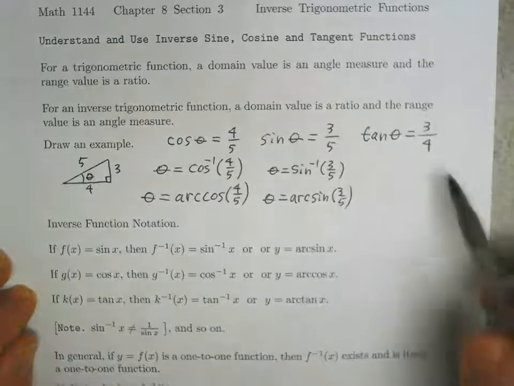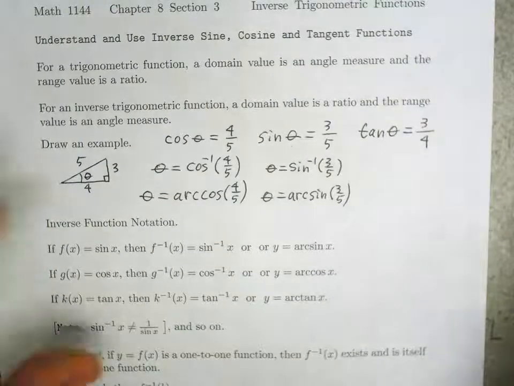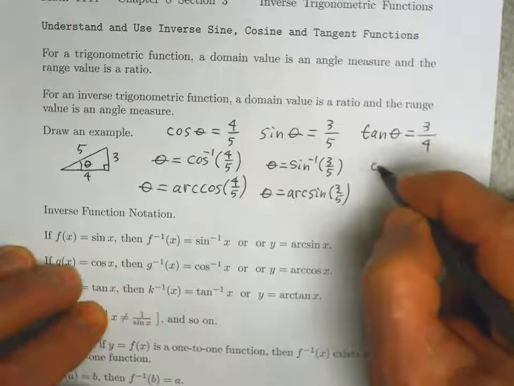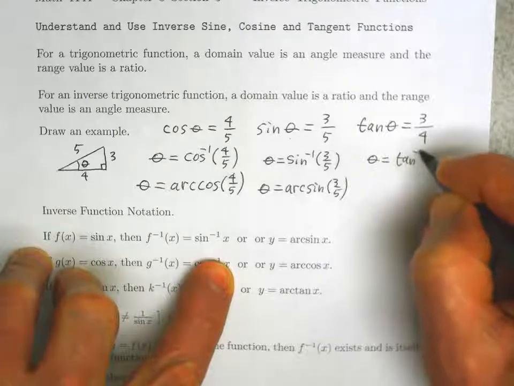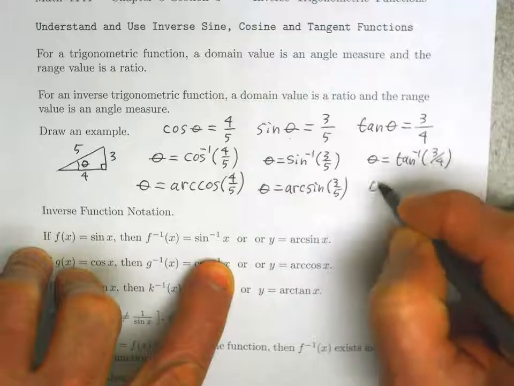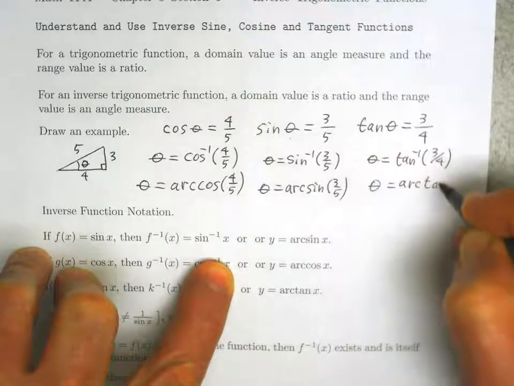The same is true for tangent. It has an inverse. Tangent of theta equals 3/4. So theta is equal to the inverse tangent of 3/4, or the arc tangent of 3/4.